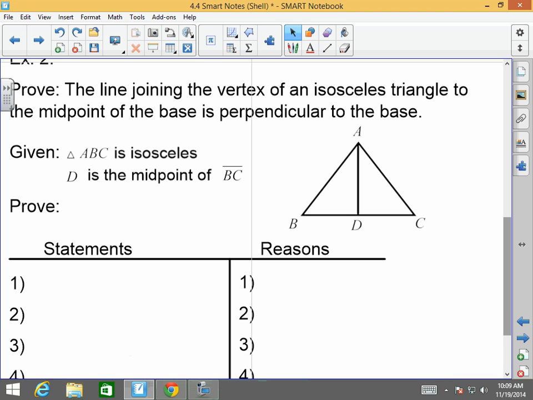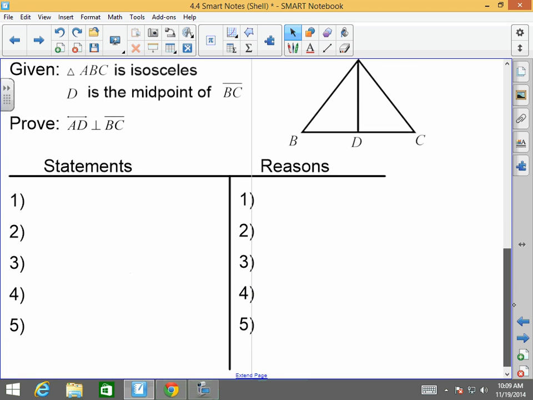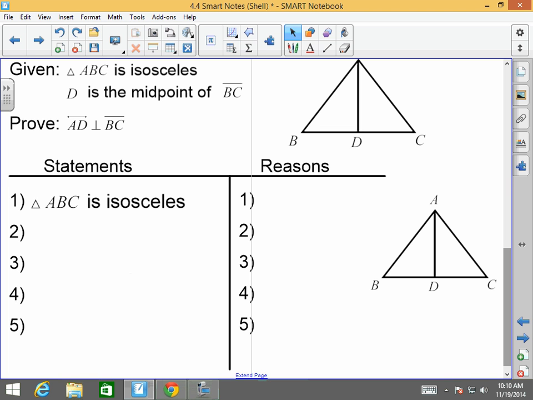And they also tell you that triangle ABC is isosceles. That's given. What do they want you to prove? They want you to prove in this case that AD is perpendicular to BC. So as always, I went ahead and drew the figure here so we could mark our figure while proving. Number 1, triangle ABC is isosceles.